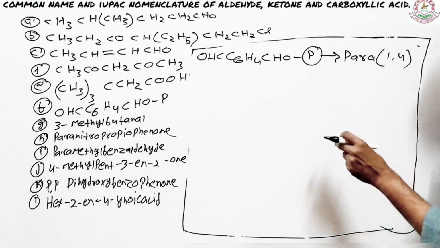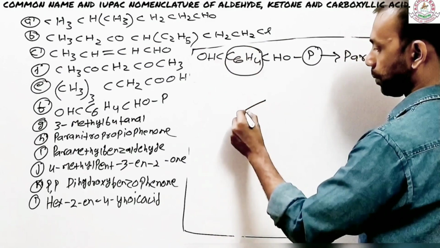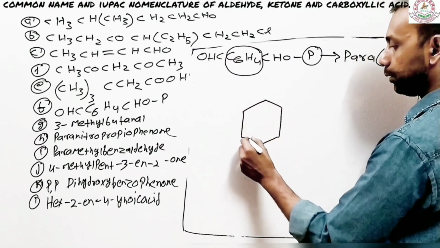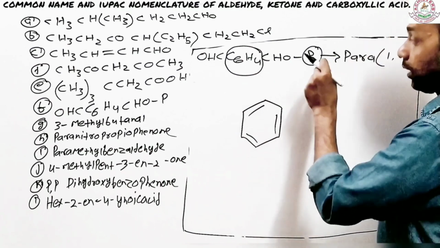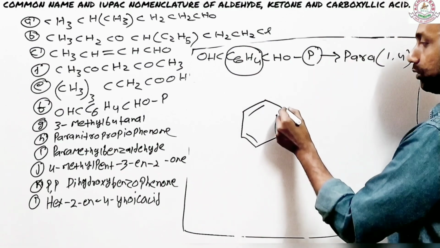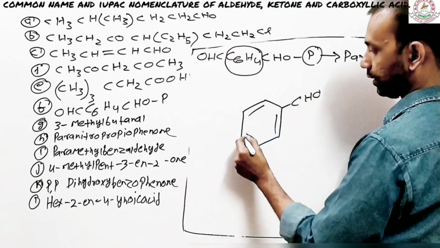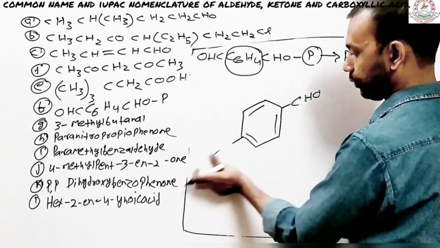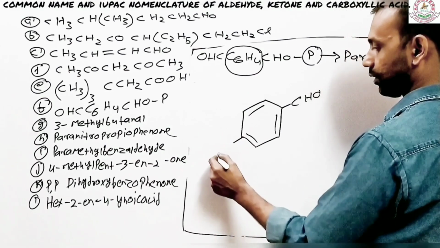So what that means, there is something to do with the benzene. So this represents a benzene. So I'm drawing a benzene because I had a benzene. So this is what a benzene is. Now para represents that on first there is one aldehyde here, and on the fourth there is another aldehyde here.